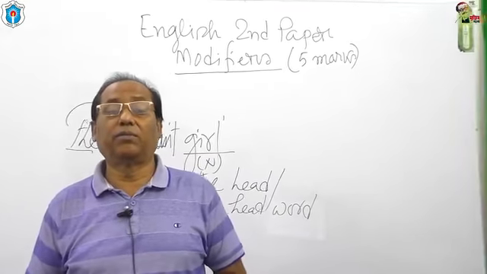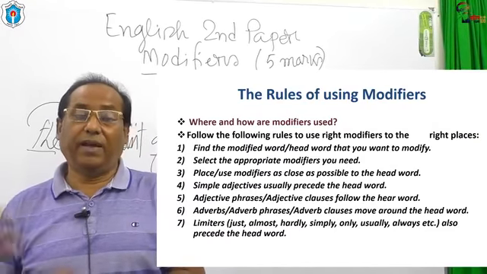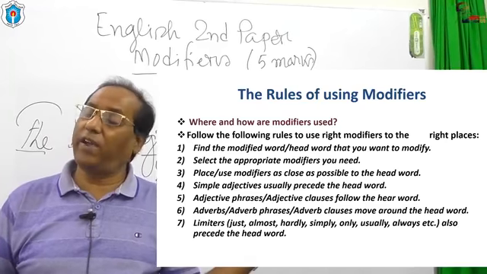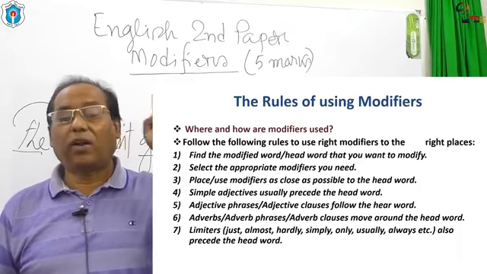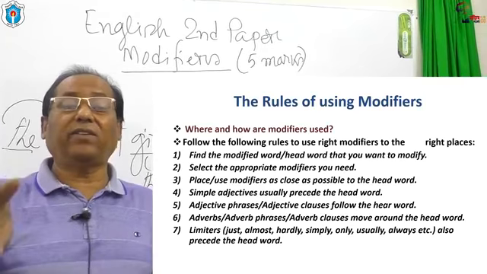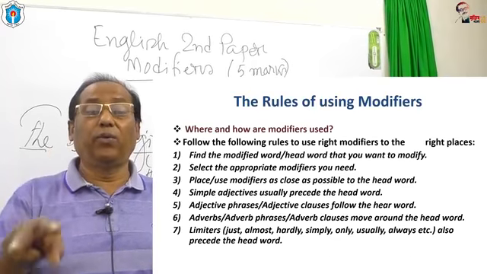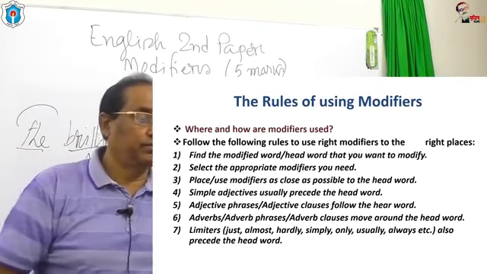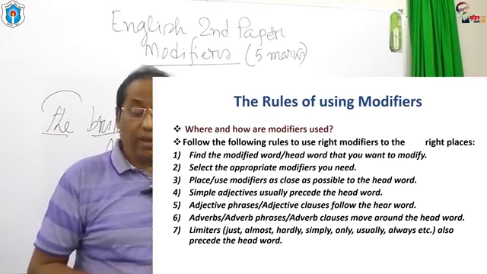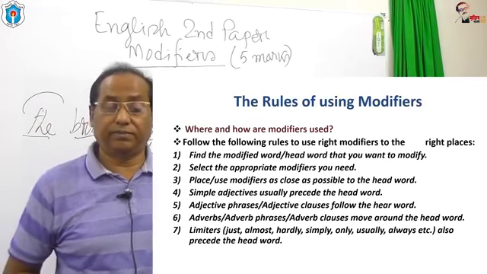Now the third point is that use your modifier either before the modified word or after the modified word. So you have to select the position or the place where you should use. Okay, and in this case you must keep in mind the most important factor.